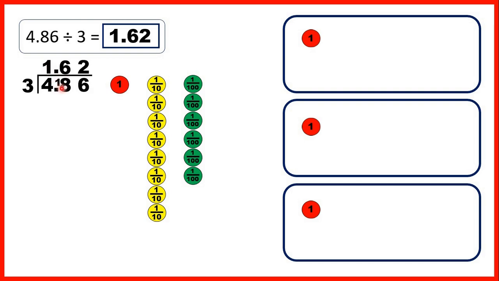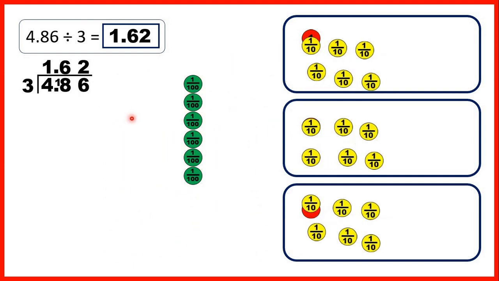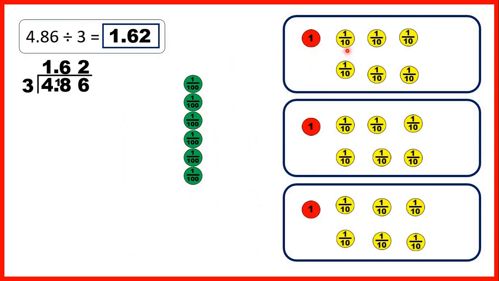We can put that remainder 1 in front of our tenths digit, because remember, 1 whole is the same as 10 tenths, so putting that together with the 8 tenths gives us 18 tenths to share out. And when we share out those 18 tenths, we can put 6 tenths in each group, so that's why we have 6 as the tenths digit of our answer.